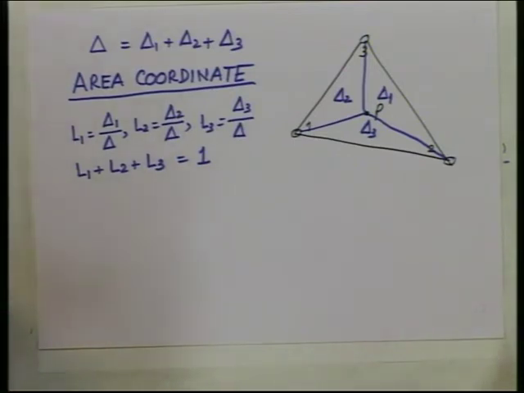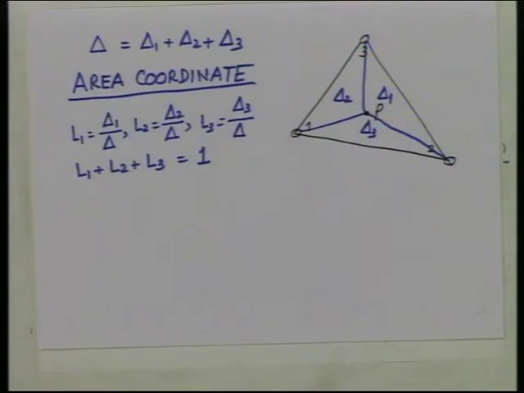So lot of work has been done. In fact, in the beginning mathematicians entered into how to integrate over area. There are a number of papers on this, how to integrate over triangular area. So L1, L2, L3 are just like x, y, z Cartesian coordinates.